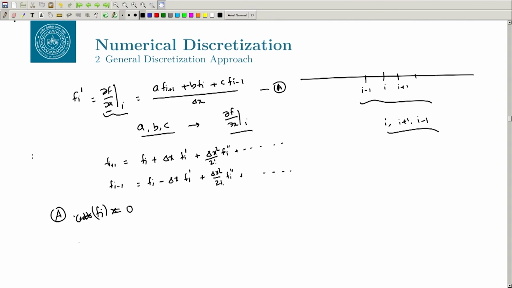The coefficient of f'(i) is equal to 1, because this is what we want to calculate. So, we are equating the left hand side to the right hand side. And the third, because we need 3 equations, the coefficient of f''(i) is also 0.